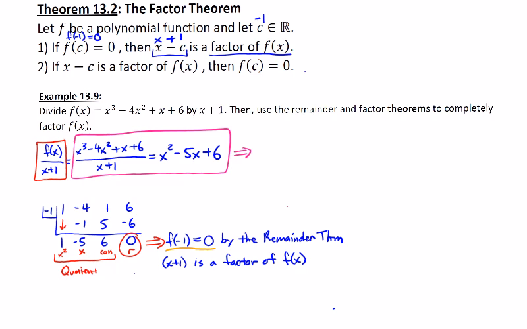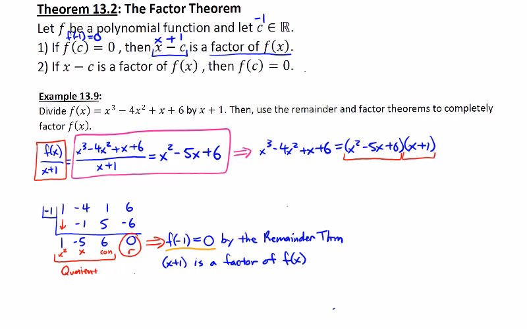I would end up with x cubed minus 4x squared plus x plus 6 is equal to x squared minus 5x plus 6 times x plus 1. So not only is x plus 1 a factor, but x squared minus 5x plus 6 is also going to be a factor. So there's more to this factor theorem than meets the eye.